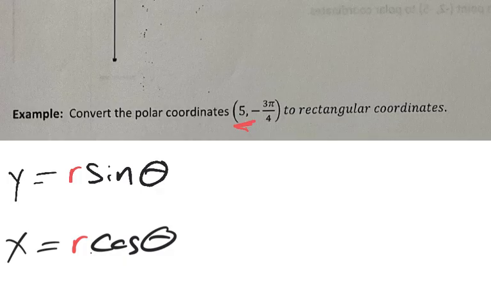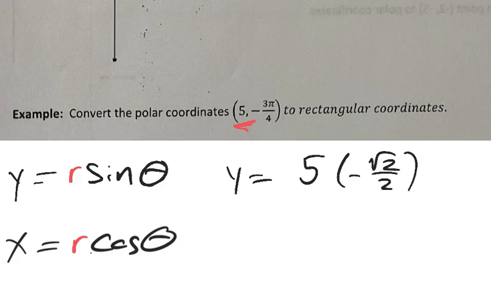Negative 3 pi over 4 puts me in the third quadrant, and in the third quadrant sine is negative. That's a 45-degree angle. So what is sine of 45? Radical 2 over 2. The radius is 5. So I can find my y-coordinate by multiplying 5 times negative radical 2 over 2. This is my r, and sine of theta, which was negative 3 pi over 4, was negative radical 2 over 2.